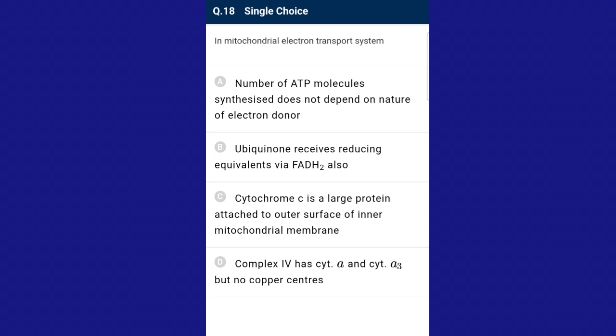In mitochondrial electron transport system, ubiquinone receives reducing equivalents via FADH2 also. So the answer for this question is option B. Ubiquinone receives reducing equivalent via FADH2 also.